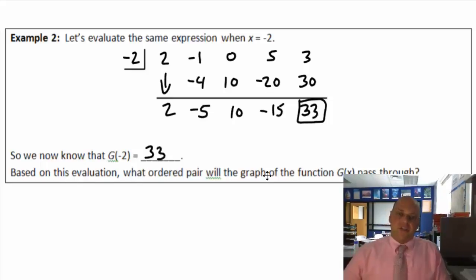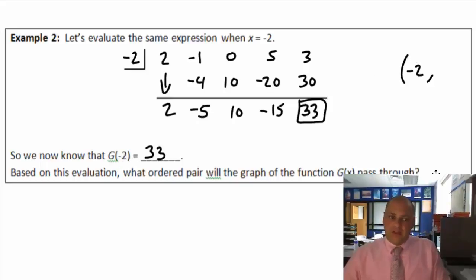Based on this evaluation, they're going to ask you a question sometimes: what ordered pair will the graph of the function g of x pass through? So what does this mean? Well, think about what we talked about when we did functions. The x is the input, the y is the output, the value of the function is the output, so we have x is negative 2. I know that x is negative 2 because that was given.